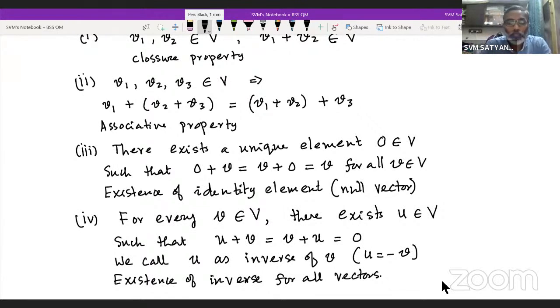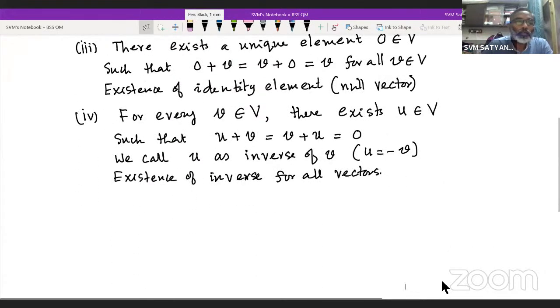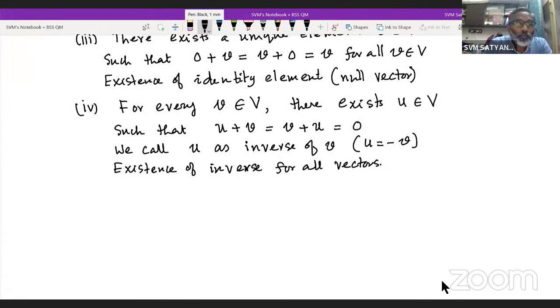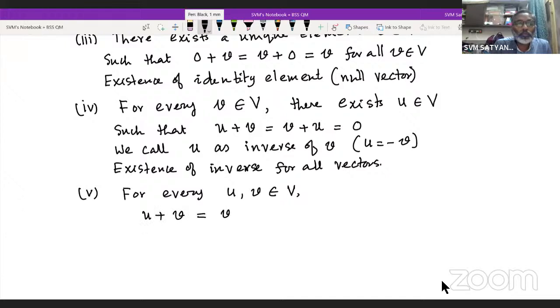And the last property in this category 1 is that for every u, v in V, u plus v is the same as v plus u.